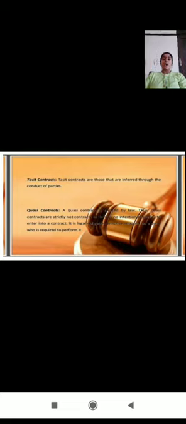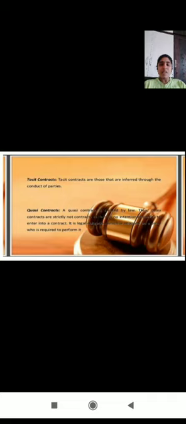Okay, and quasi contract. A quasi contract is where the persons or parties have no interest to enter into a contract, but a legal obligation is imposed on whoever is required to perform. The persons are enforced by the law only.